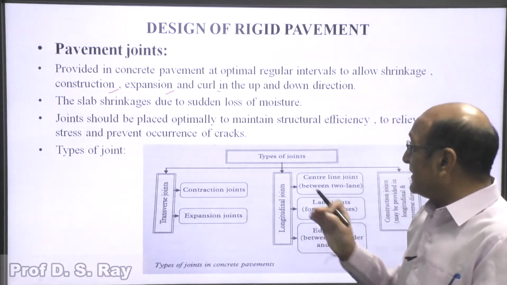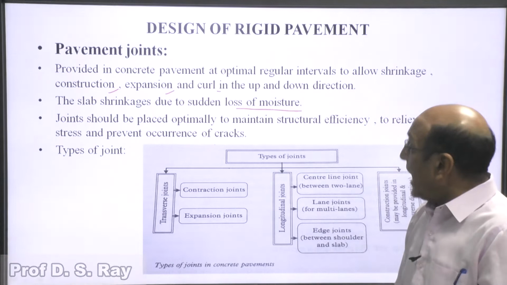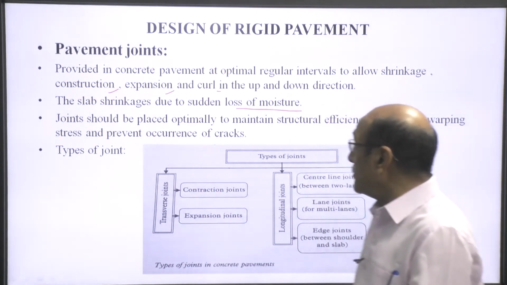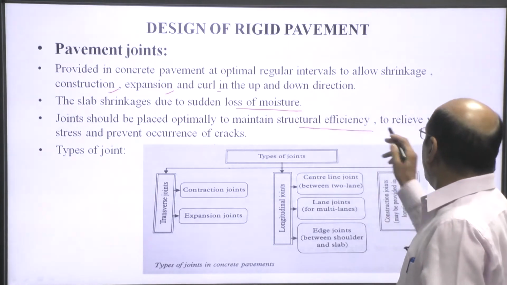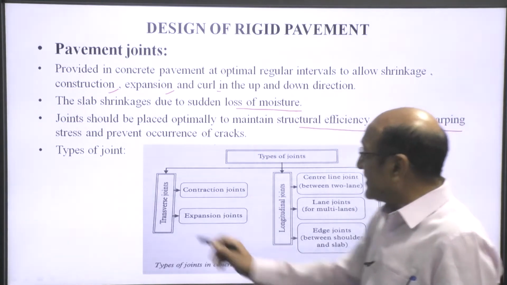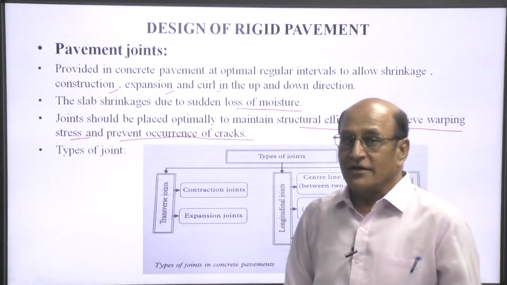The slab shrinkage due to sudden loss of moisture also exists. Joints should be placed optimally to maintain structural efficiency, to relieve warping stress, and to prevent the occurrence of cracks.